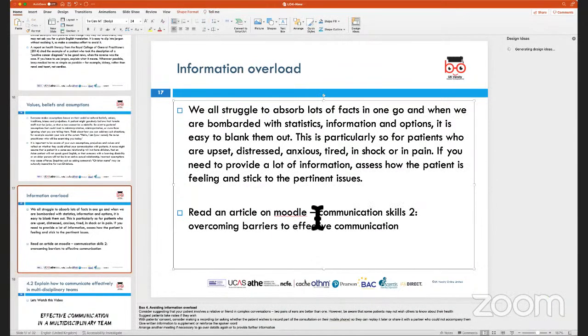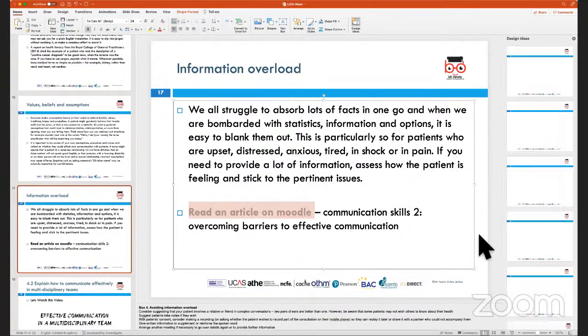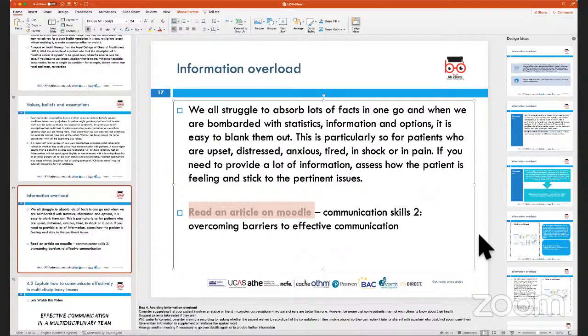And there's a good article that I would suggest you read in order to understand some bits in terms of practical communication issues, which is going to be up on Moodle. The article is labeled Communication Skill 2: Overcoming Barriers to Effective Communication.